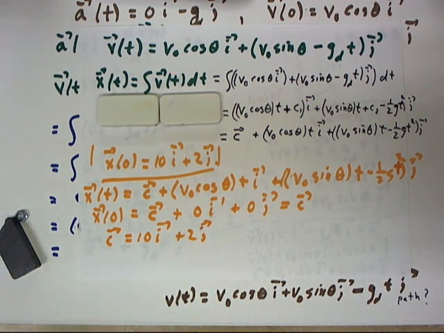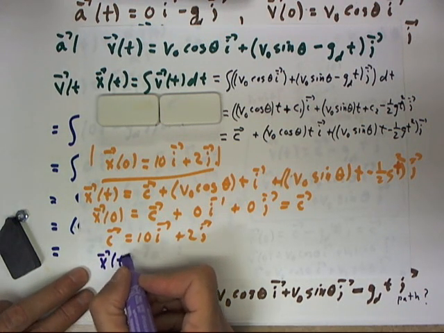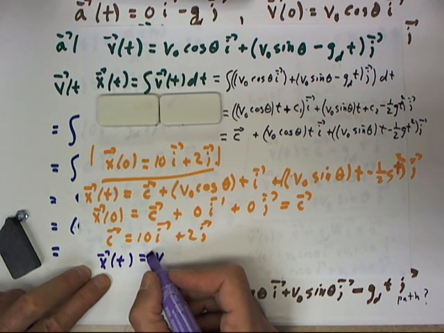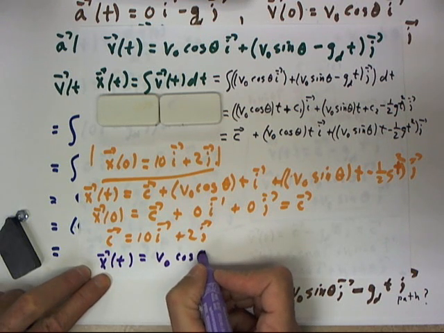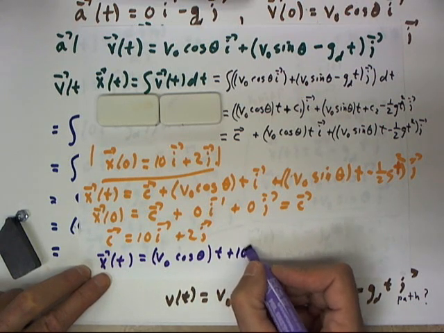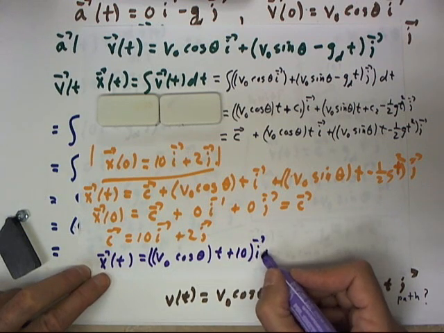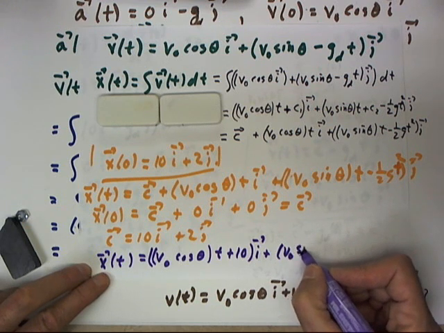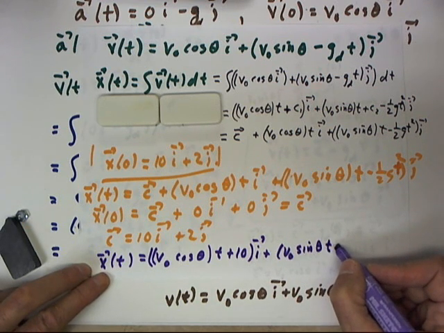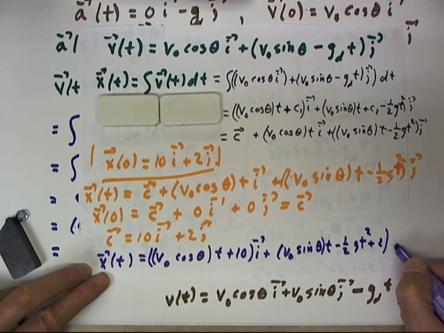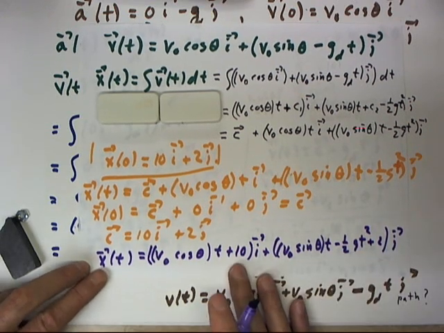And the final form of our function is x of t equals, we'll write it like this, v naught cosine theta times t plus 10, multiplied by i, plus v naught sine theta t minus 1/2 g t squared plus 2, quantity multiplied by j.